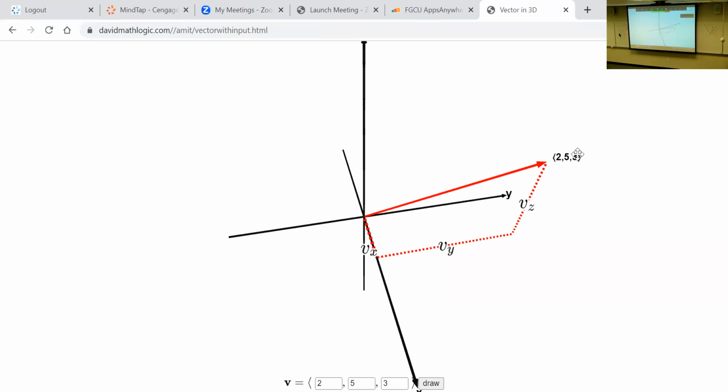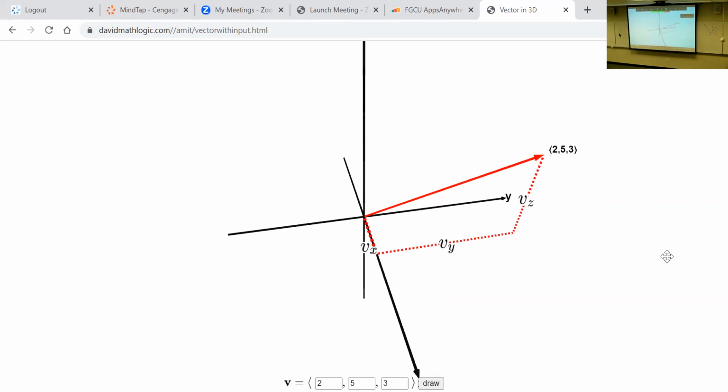Your book uses this, the less than and greater than, to represent the vector. We are sticking to this because of convention, this is what we use in our day-to-day lives.